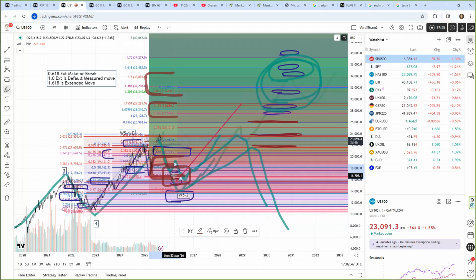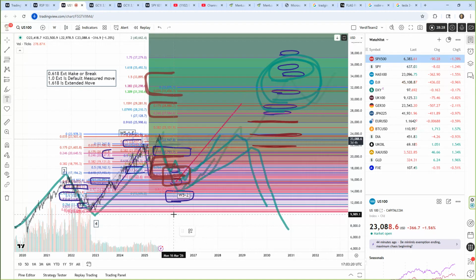17,400, 17,000, 16,700, 18,200. So this confirms that my price prediction of a potential low in this area, call it 16,400 to 18,600, from where we're at right now at 23, suggesting that we're going to see maybe a 25 to 32% contraction, is very, very valid.